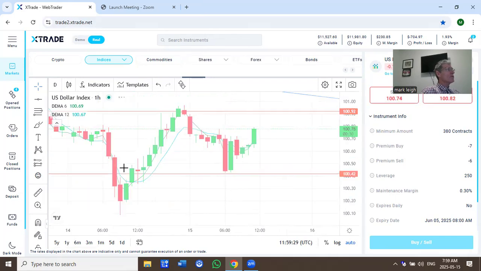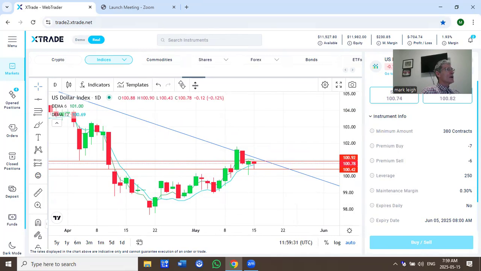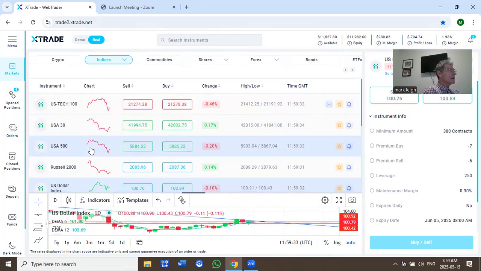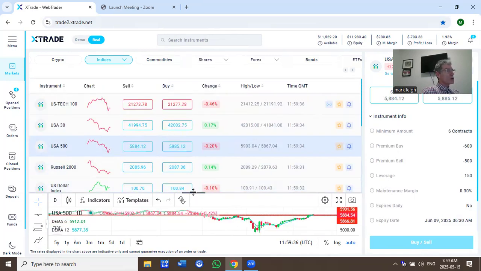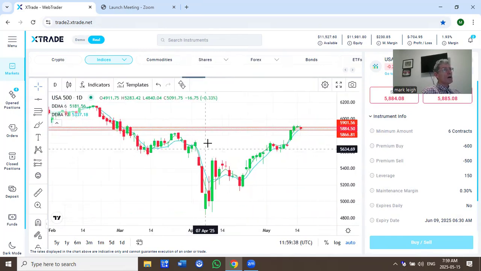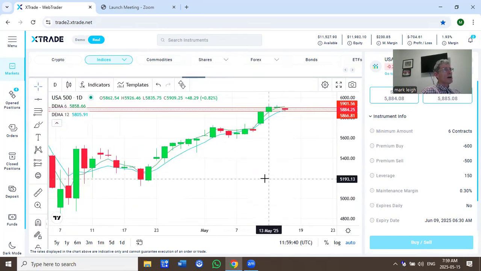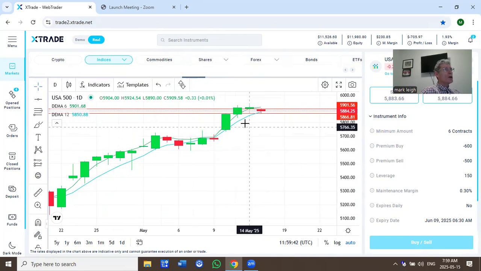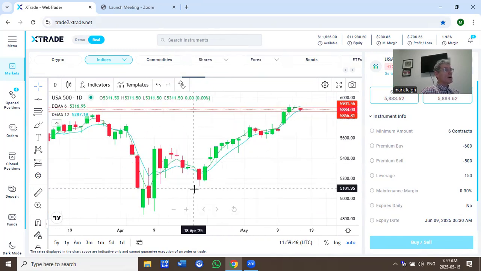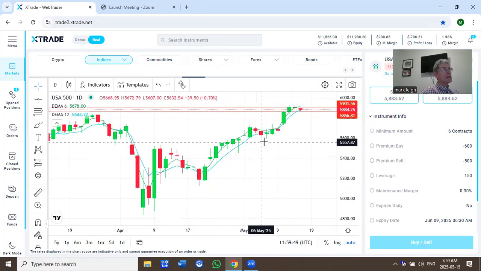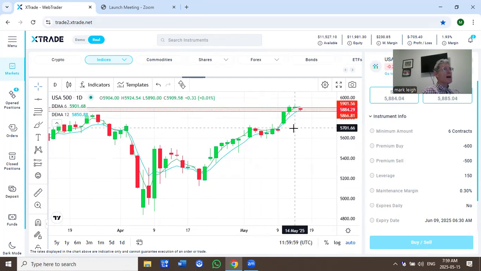Let's have a look at S&P. Wall Street opening up in an hour and a half. There you can see in pre-market trading a slight gap down from yesterday, uptrend there on the daily, uptrend very much still intact, but buyers have run into a bit of a wall at this resistance area, that's at the 5,900, 5,905.